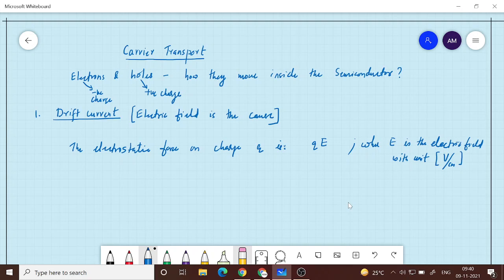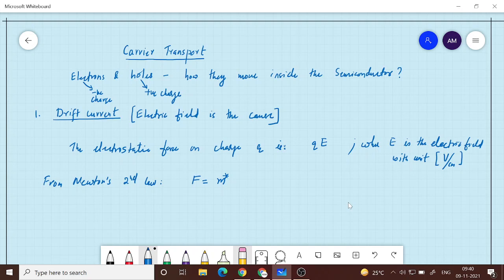So when this force acts upon the electron, this force will try to accelerate it. From Newton's second law, F is equal to the mass times the acceleration, but now we are taking the effective mass, not the rest mass.